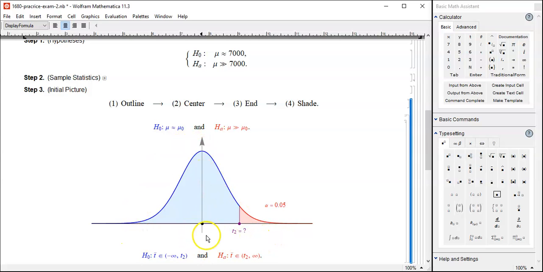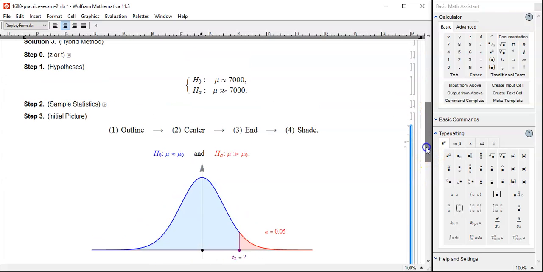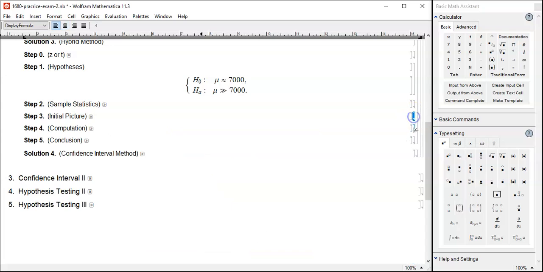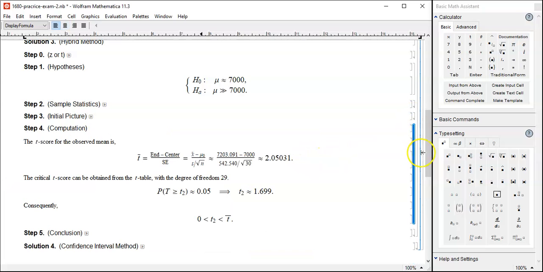So the center is kind of meaningless. Then we find the critical t-statistic, and then the t-statistic for the observed mean, and whether that goes to blue or red. That's the idea behind this hybrid method. In my opinion, it's overly complicated, but this is what our textbook author does.